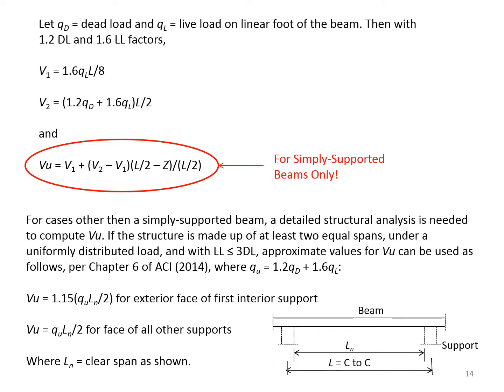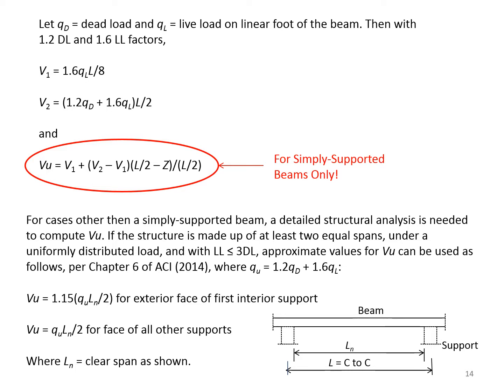If the structure is made up of at least two equal spans or almost equal spans under a uniform distributed load and with live load not greater than 3 times dead load, approximate values for V sub u can be used as follows, and these are per chapter 6 of ACI.